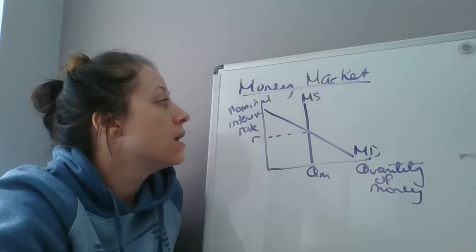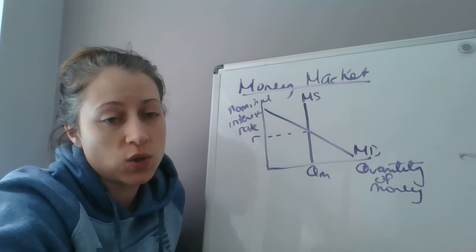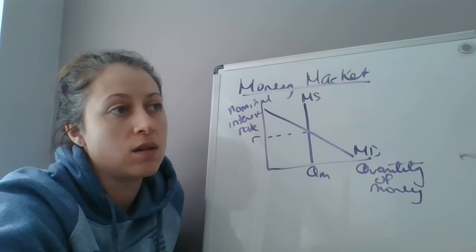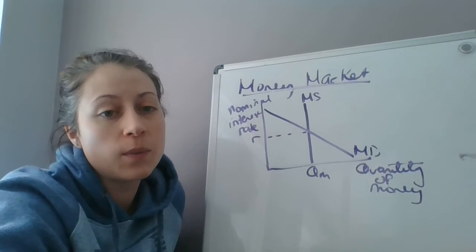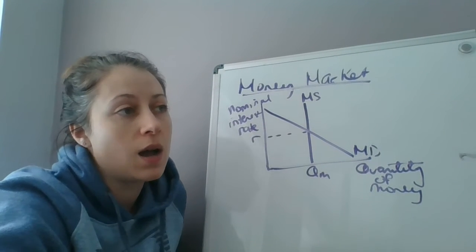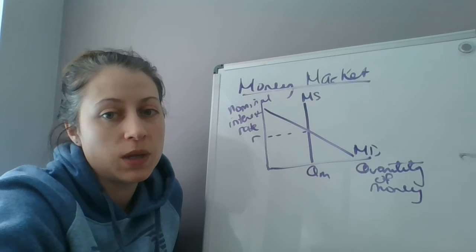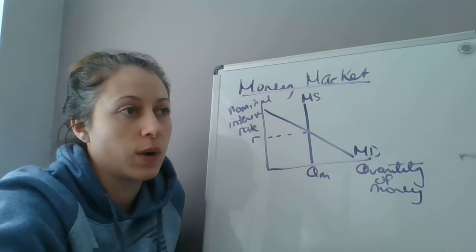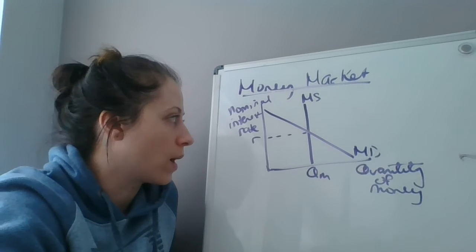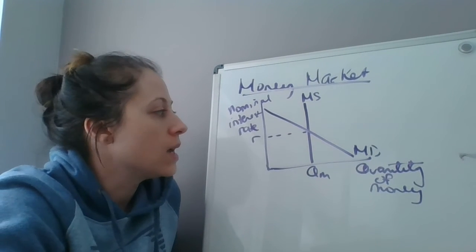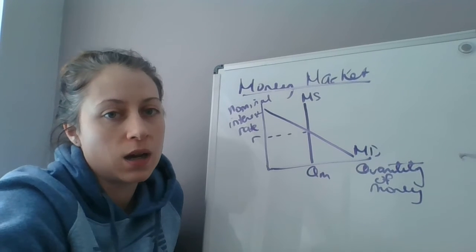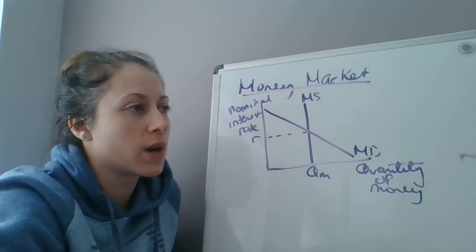Lowercase r sounds good. Now, more often than not, because you're going to be talking about the money market and how the Federal Reserve can alter the supply of money in order to fight a recession or inflation, you're going to be focusing on recession because that's the more likely incident where the Fed will really need to step in. Okay. So in order to stimulate the economy, the Fed wants to lower interest rates.